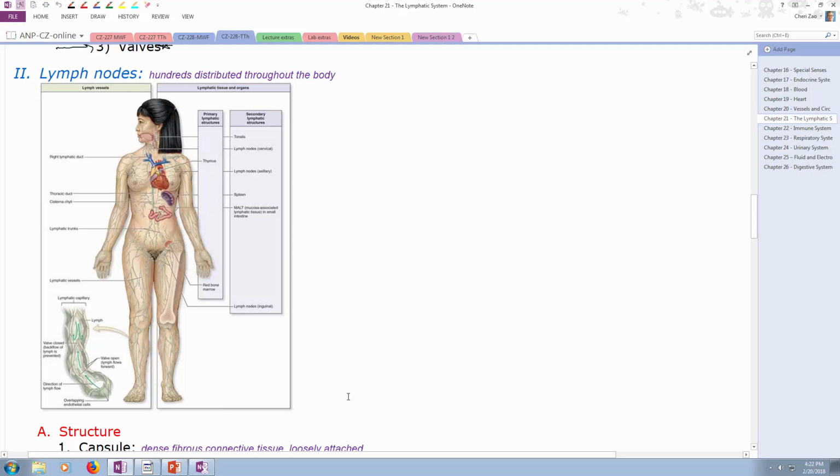Lymph nodes, there are hundreds distributed throughout the body, but we have them actually concentrated in our cervical, axillary, and inguinal areas. But they are interwoven throughout.